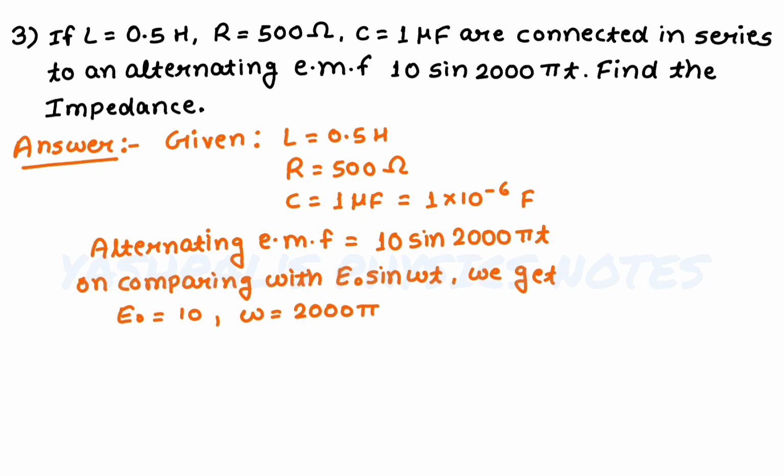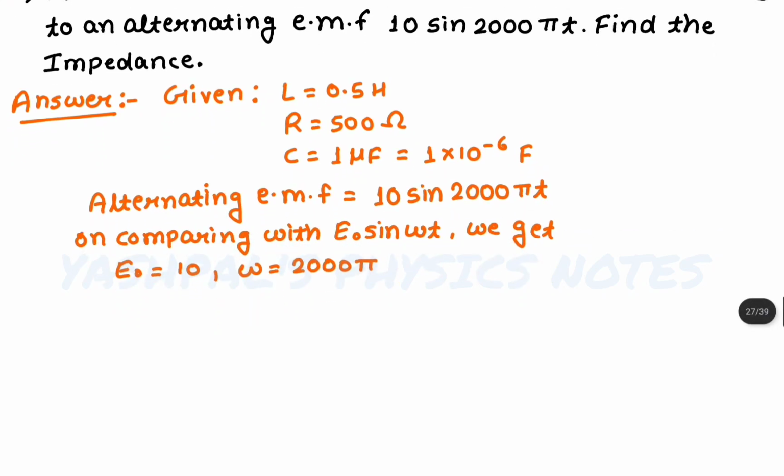Now as I have told you, the given circuit is LCR because the values of L, R and C are given. So here I am writing the given circuit is LCR circuit.